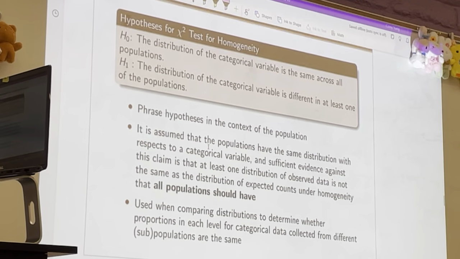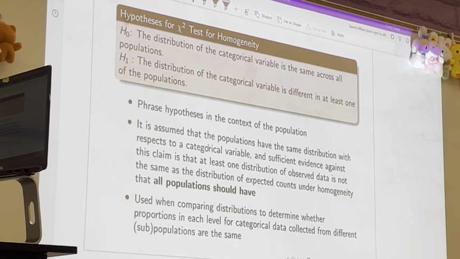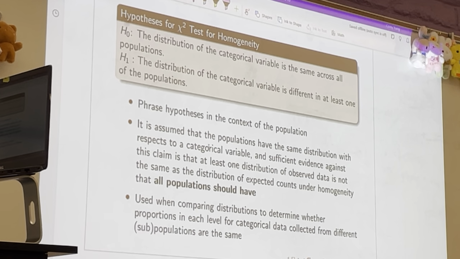Okay, so the hypotheses for homogeneity: under the null, we're going to assume that the distribution of a categorical variable is the same across all populations. The alternative is that the distribution of the categorical variable is different in at least one population.